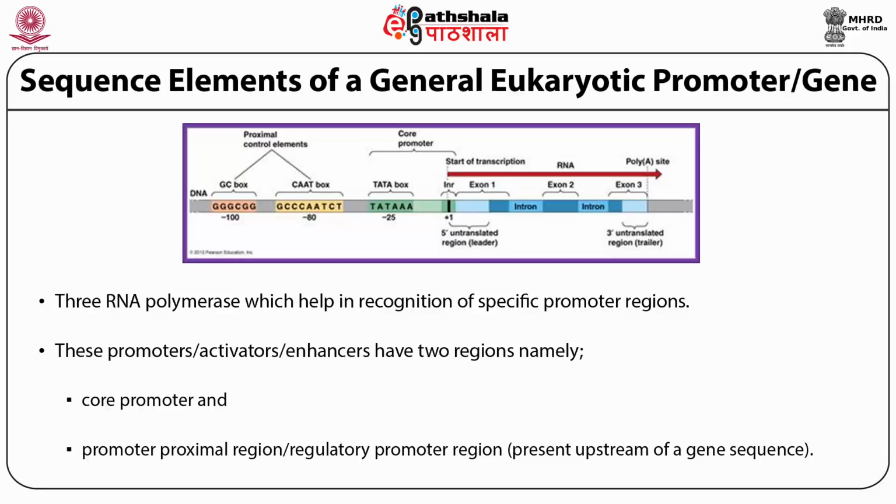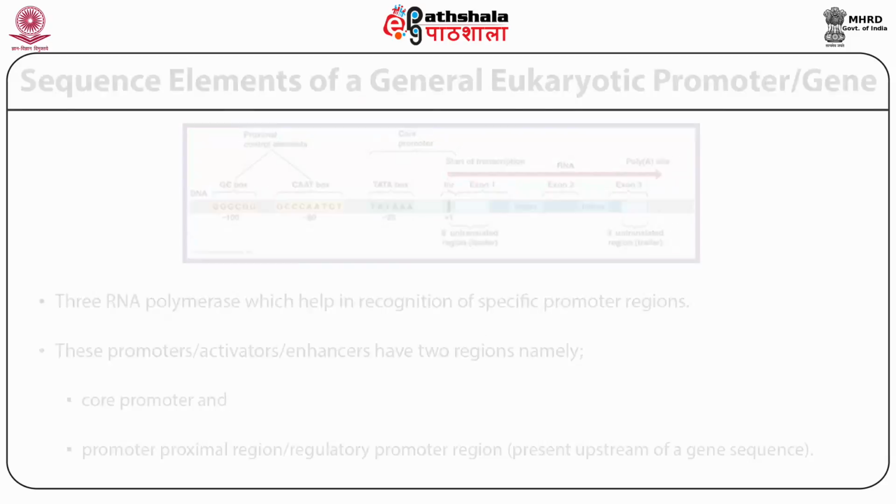GC box sequence: GGGCGG, centered at about -75 to -120. Any mutation which takes place in this region markedly decreases the rate of transcription, indicating their role in the efficiency of the initiation complex.